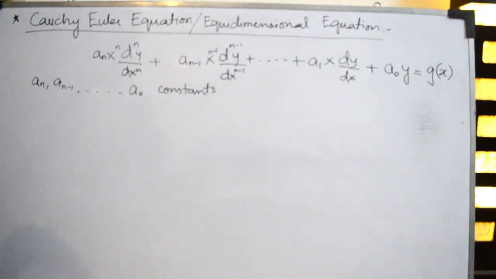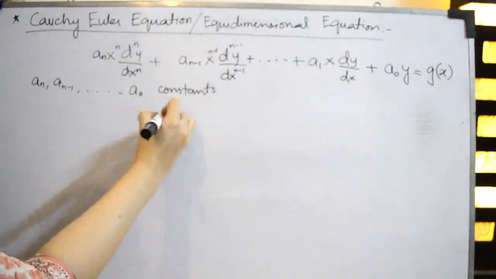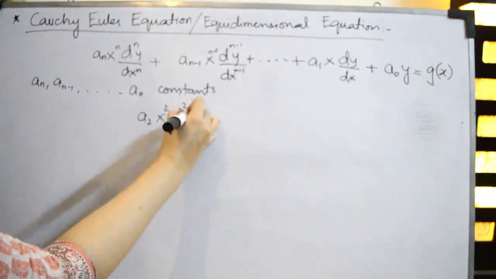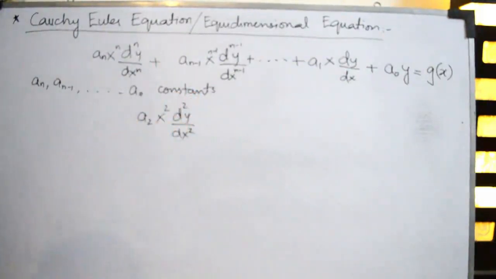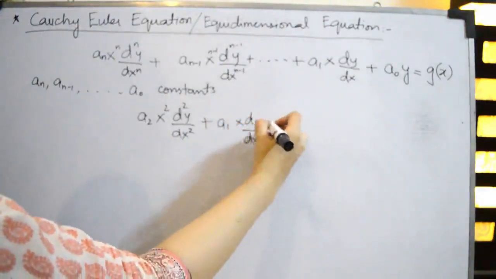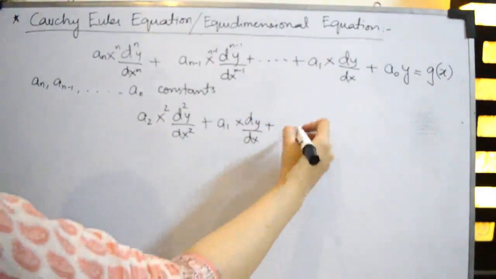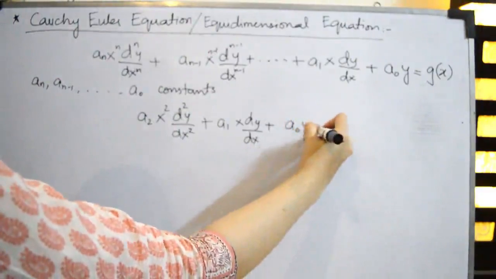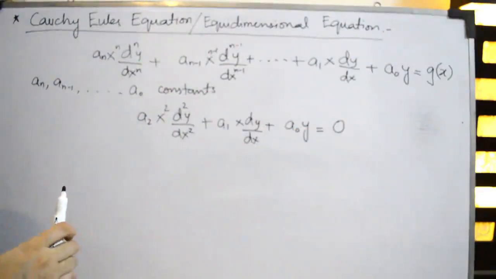So we will now consider up to the second order. The second order Cauchy Euler equation is a2 x^2 d^2y/dx^2 + a1 x dy/dx + a0 y = 0.